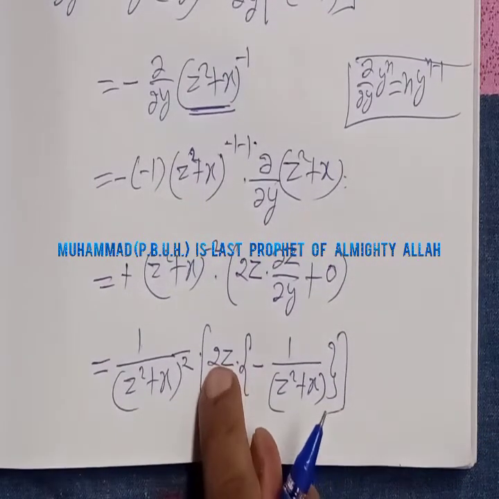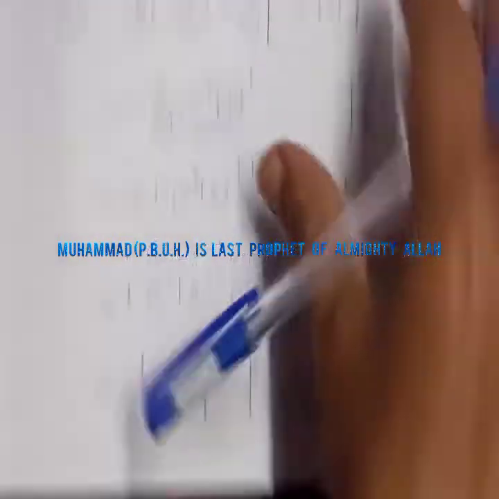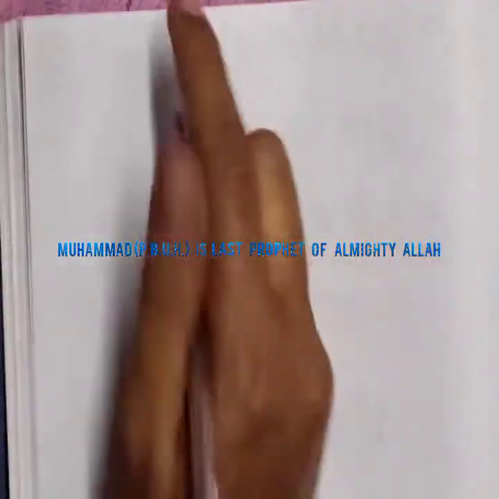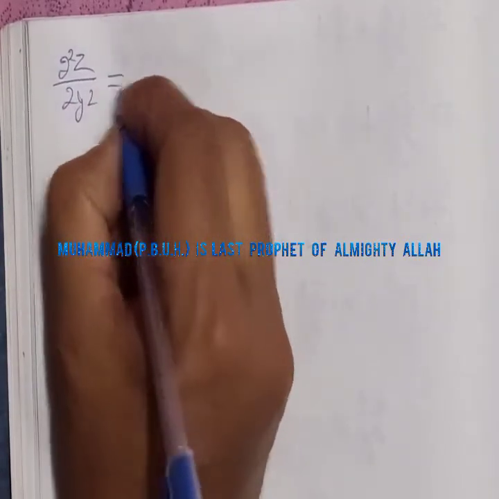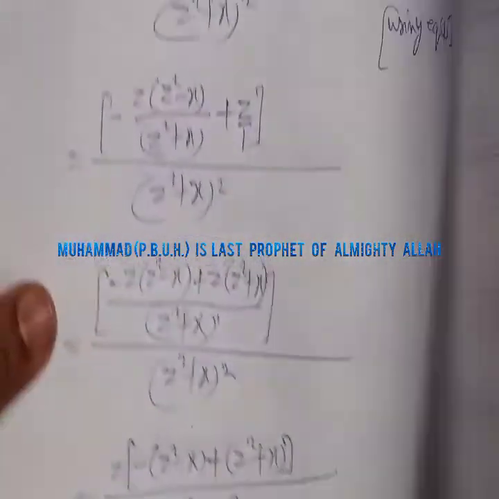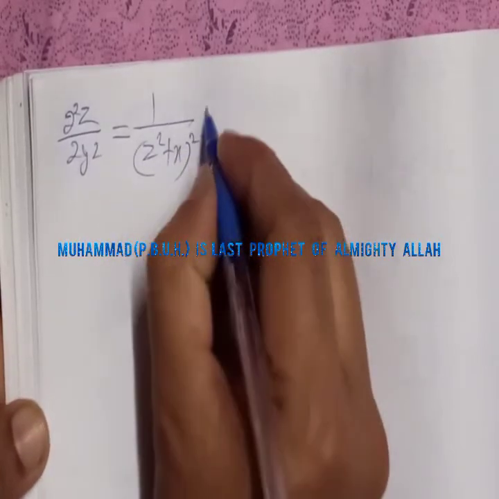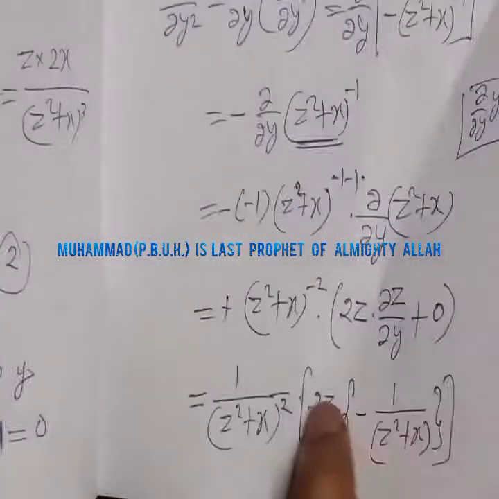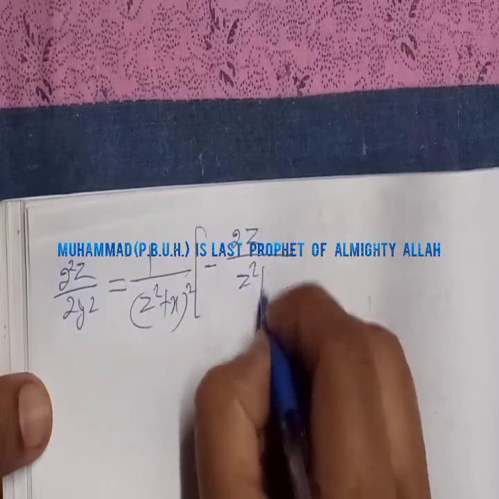On multiplying 2z to 1, we get, in the next step, the value of ∂²z/∂y² is equal to, first factor is 1 upon (z² plus x) whole square. In the bracket, when we multiply 2z to 1, we get minus 2z upon z² plus x.